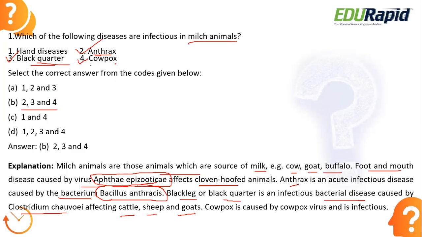And similarly cowpox. Cowpox is caused by the cowpox virus, a very infectious virus, specifically in these milch animals. So based on this, we can select the second, third and fourth. All of these are diseases specifically caused in milch animals.